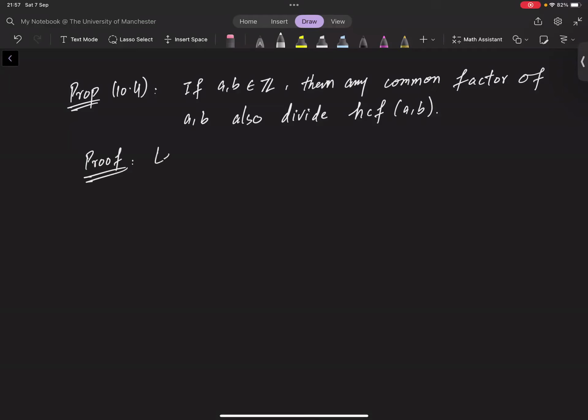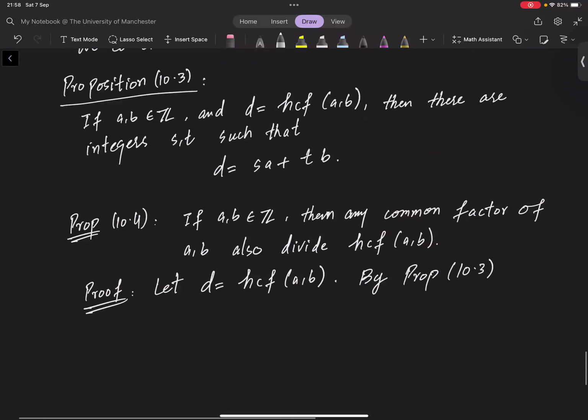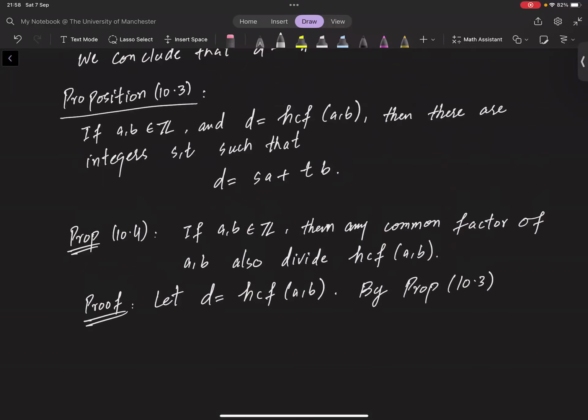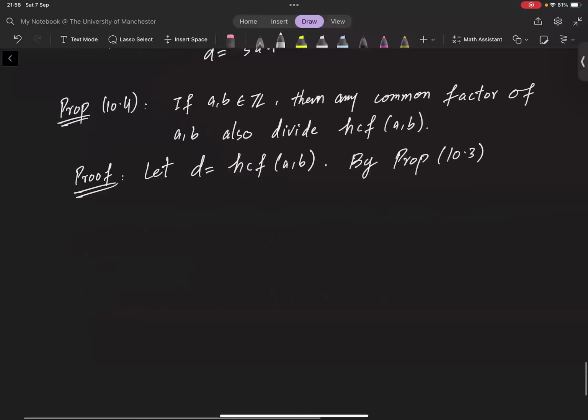So let D be the common factor of A and B. Then by previous proposition 10.3, D can be further expressed.